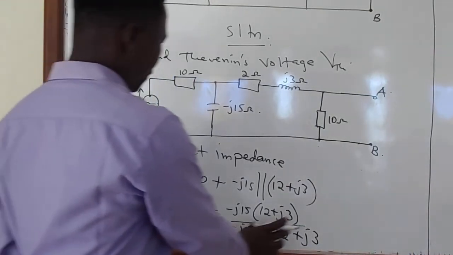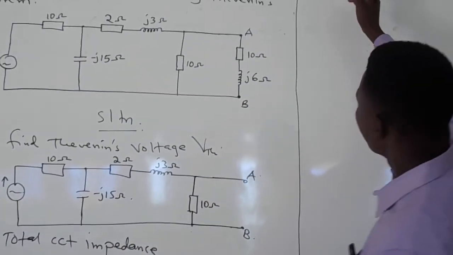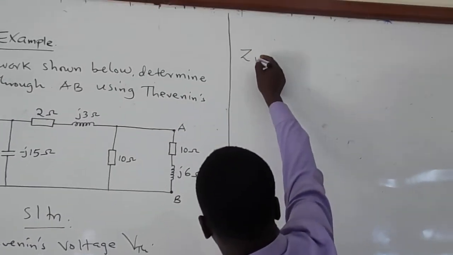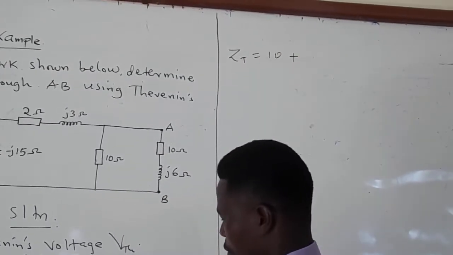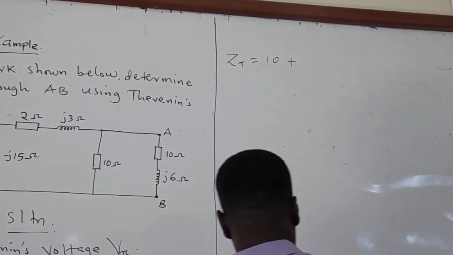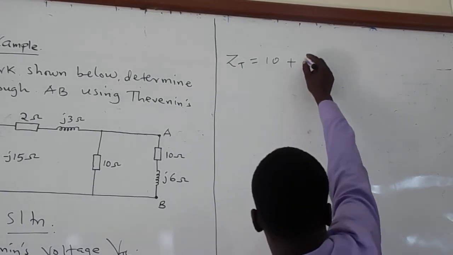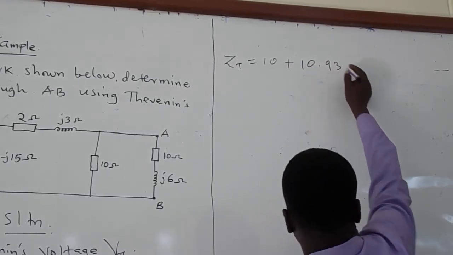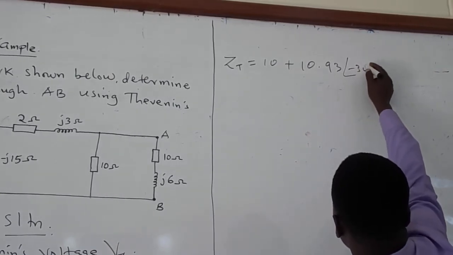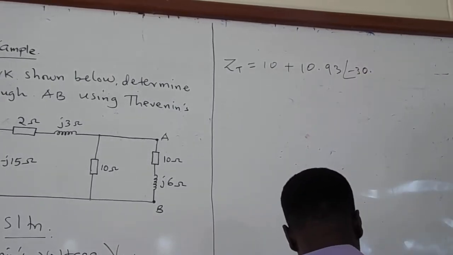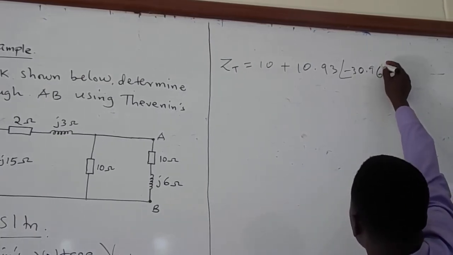Now this will give us the circuit impedance as 10 plus, solving the parallel part will actually lead us to 10.93 at an angle of negative 30.96 degrees.